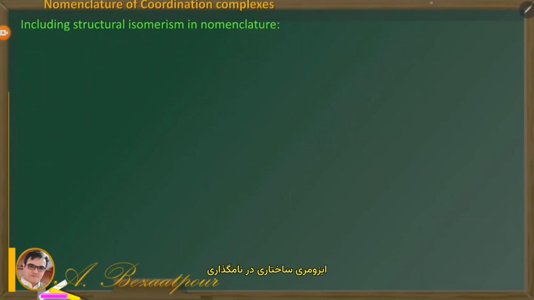Including structural isomerism in nomenclature. For a significant number of complexes with the same molecular formula, there are structural isomers that must be mentioned in the nomenclature. For this purpose, we examine examples together.